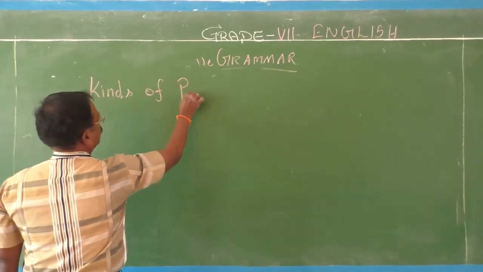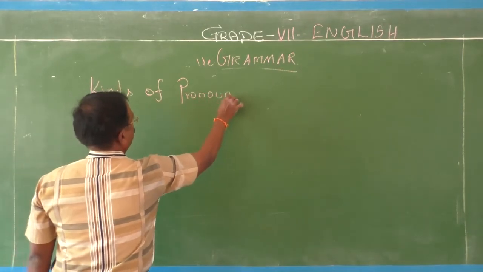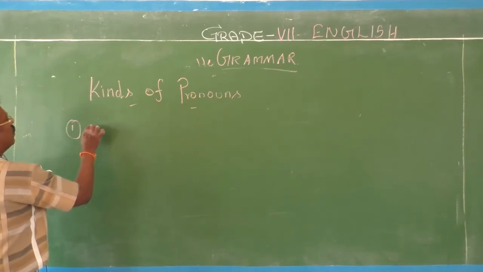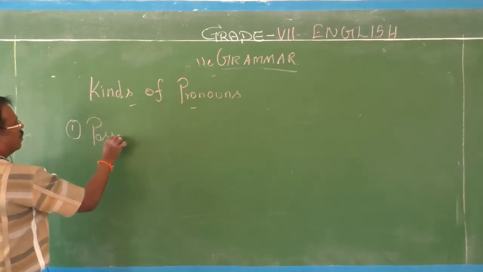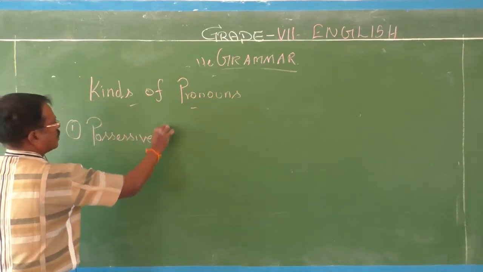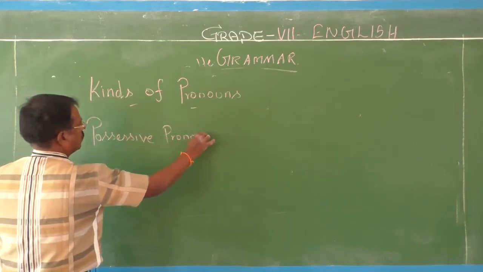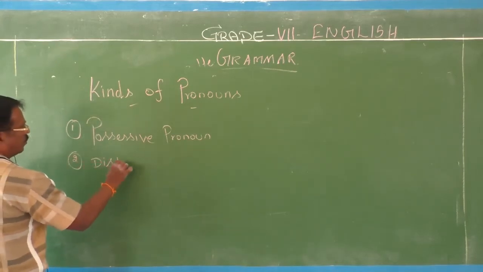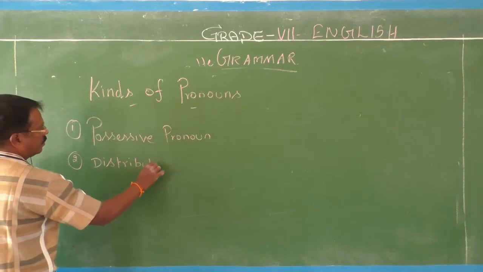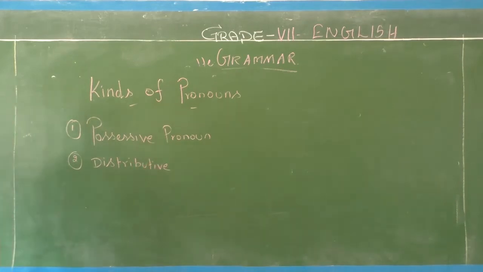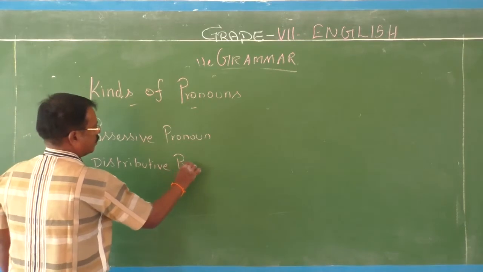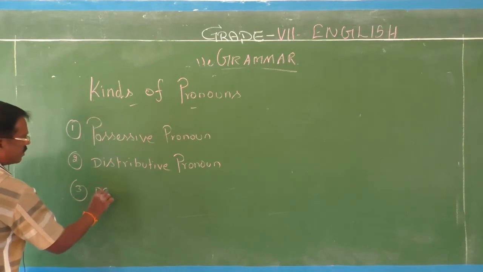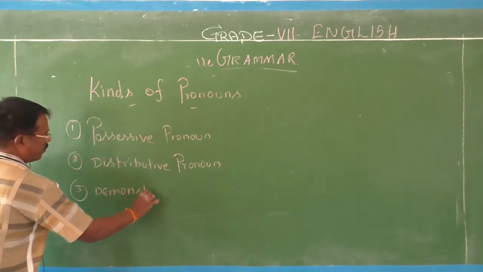Kinds of pronouns. First, possessive pronoun. Second, distributive pronoun. Third, demonstrative pronoun.